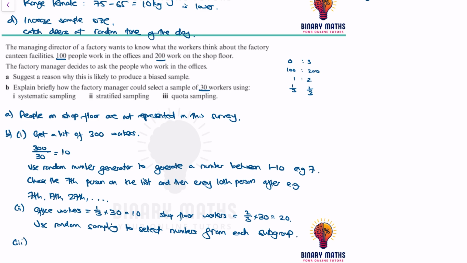Three, quota sampling. Decide the characteristic, e.g. it might be age, gender, or office, shop floor category.